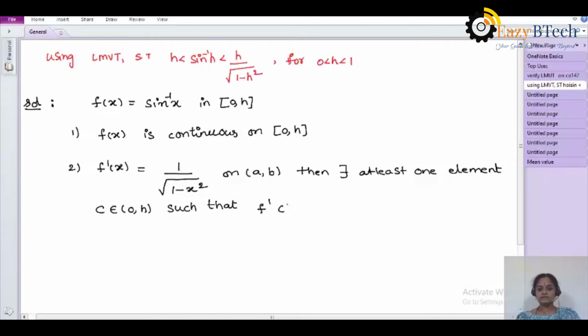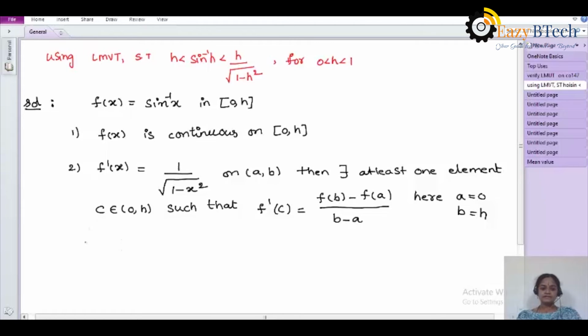what is the main condition, students? f dash of c condition in LMVT is f of b minus f of a by b minus a. Here the value of a is 0 and the value of b is h.